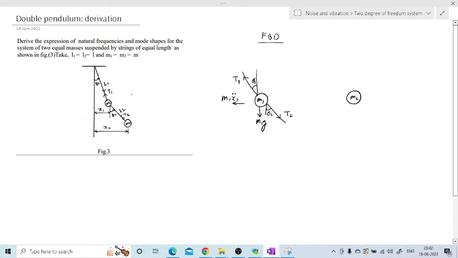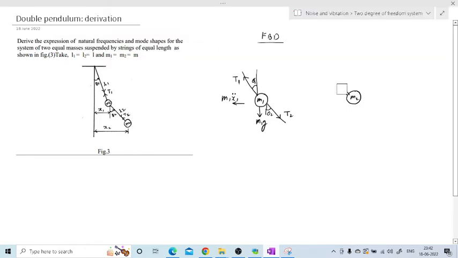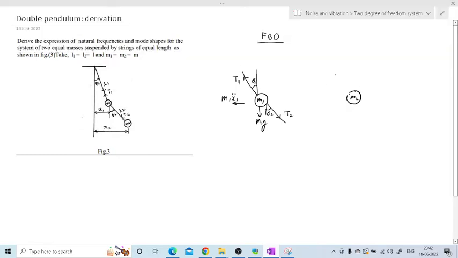Similarly we can write for mass 2. See, mass 2 is attached to only the upward string. So here I will show you the string of mass 2, and this is the force which is acting in that string. So this is string 2 having the tension T2. Now the angle of T2 with the vertical, if you see here, it is theta 2.